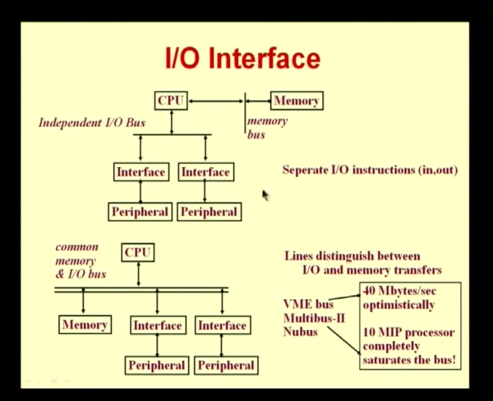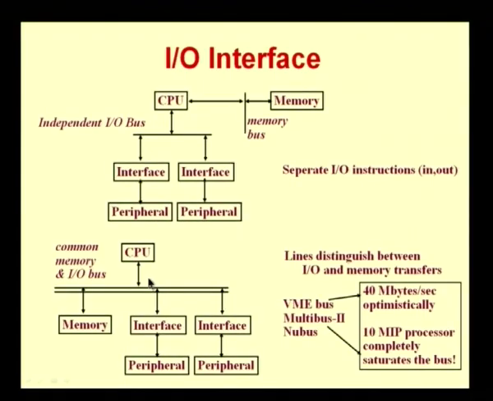This is one possibility. The second possibility is a common memory and IO bus, which we have already seen. You will have a common bus to which memory as well as the different IO interfaces are connected, but there may be some special signals which indicate whether it is a memory address or an IO address that is being put out.